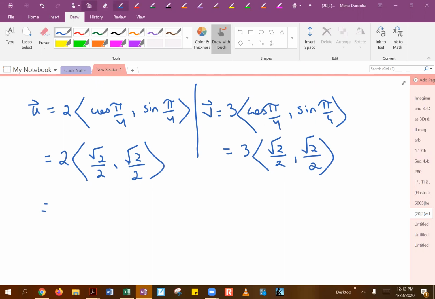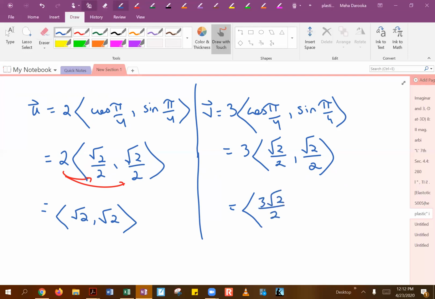Yeah, because each of these 2's, of course, you will distribute that 2 on the inside, and then your 2's on the denominator end up canceling it out. So you just basically get left behind with those numerators. And then what happens on this side? It becomes 3 root 2 over 2. Yeah, because nothing cancels out here, right? So that 3 will just get added on basically on that numerator, or technically gets multiplied.